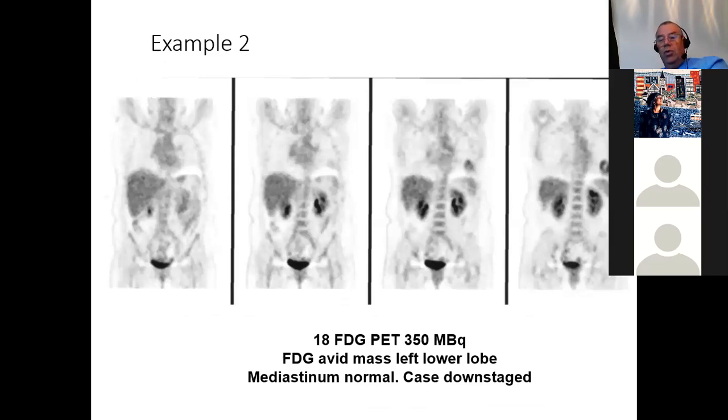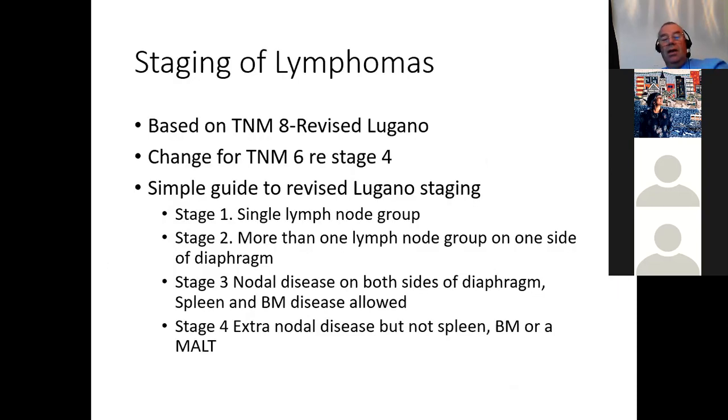Whether or not people would trust PET alone, but it was a fairly chunky lymph node, so it was felt that it was unlikely to be due to cancer, and it's not in a site you can easily biopsy. So this patient was downstaged and went ahead with their operation and remained disease-free.